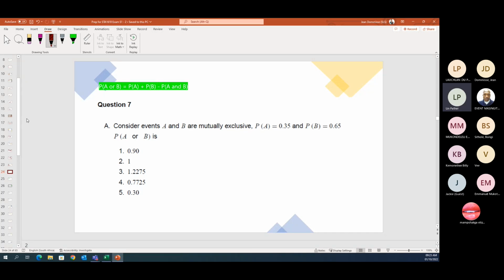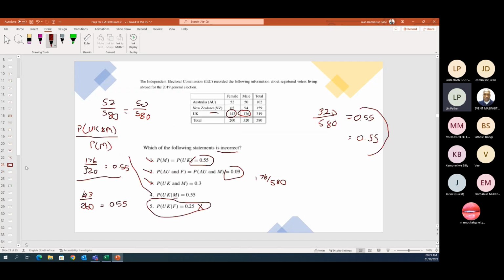The previous one, I might have fallen into a little trap, because why did we say for the probability in the last option, the probability for female is 143 over 260, and not 260 over 580?